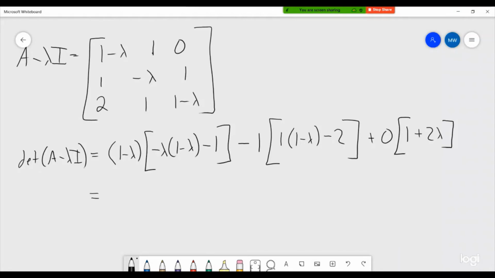So this is equal to 1 minus lambda, let's see, lambda squared minus lambda minus 1, minus, let's see, 1 minus lambda minus 2, that's negative lambda minus 1, plus 0, so plus, plus, plus.